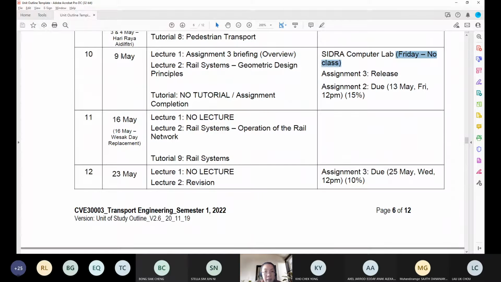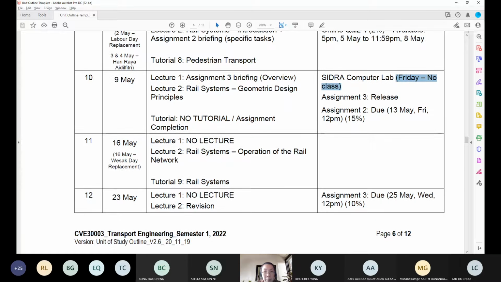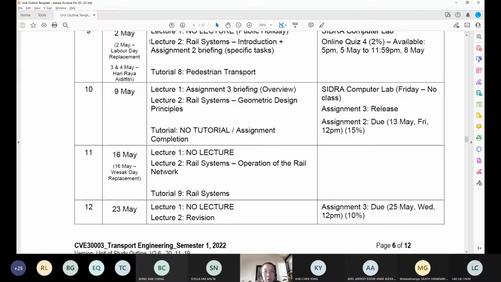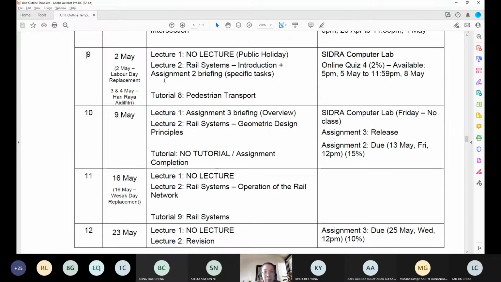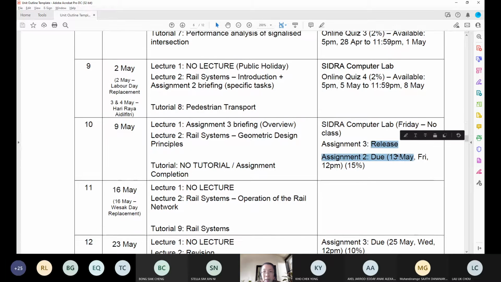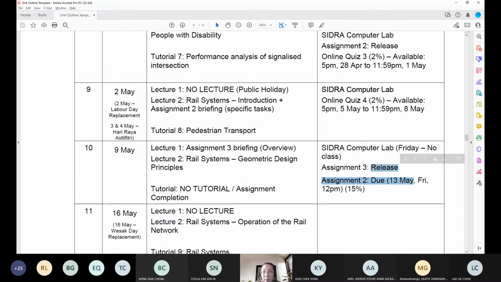And for the final couple of weeks, lecture week 9, rail system introduction, rail system geometric design, and rail system operation. So the last 3 weeks we'll spend on rail systems. Assignment 3 is released in week 10. Assignment 2 was in week 8.